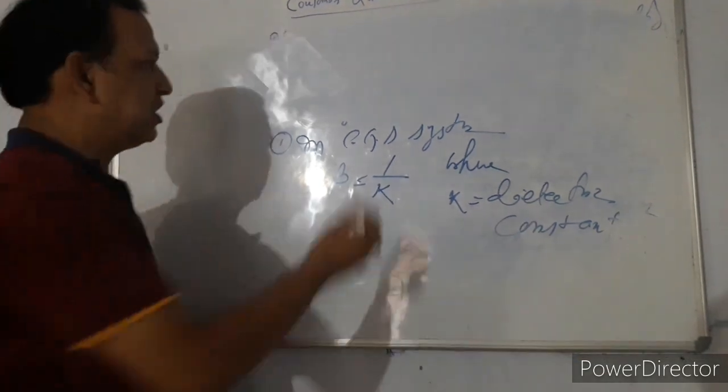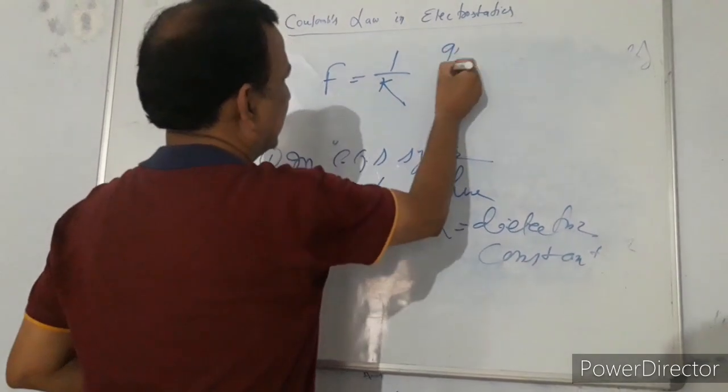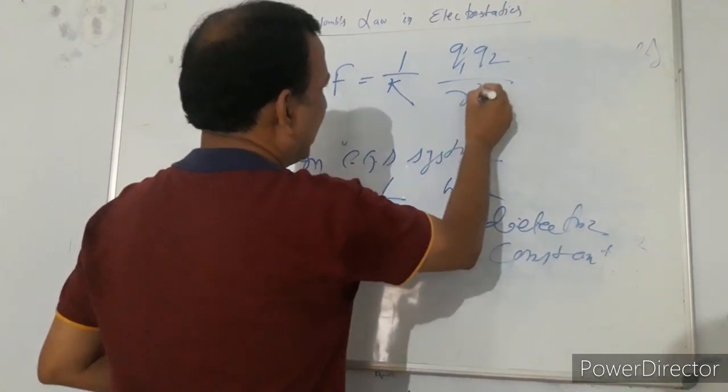So what is your force? F is equal to 1 by K Q1 Q2 by r square.